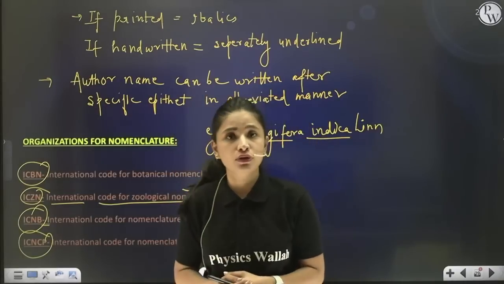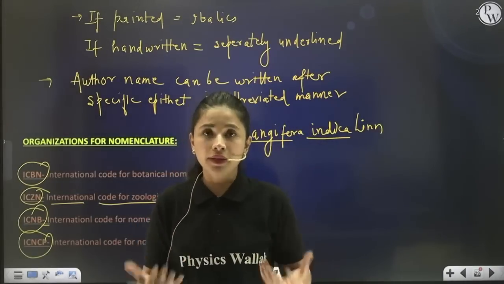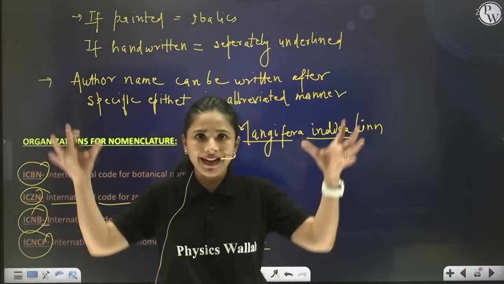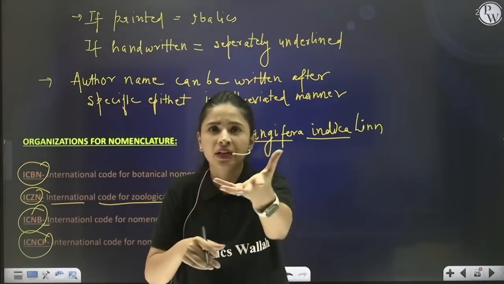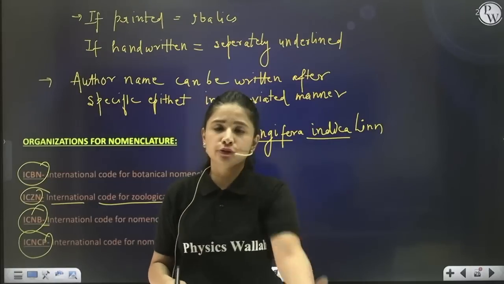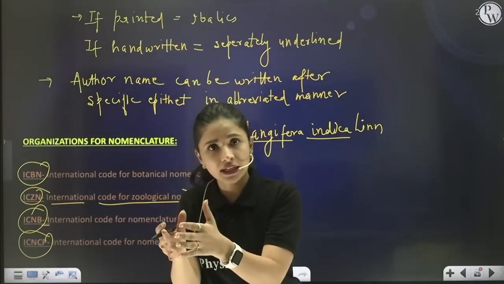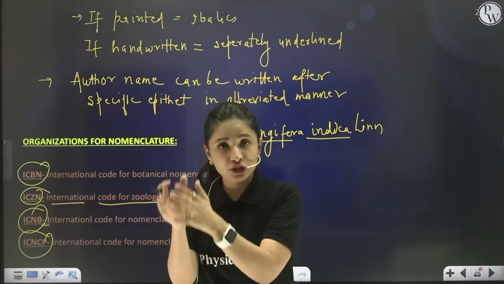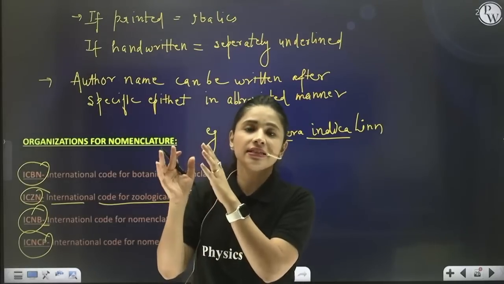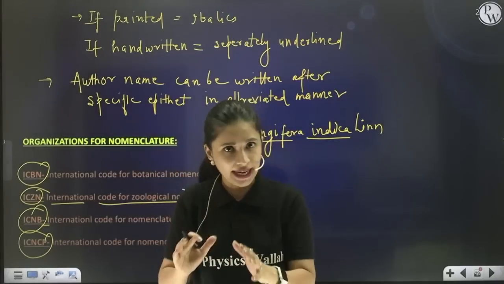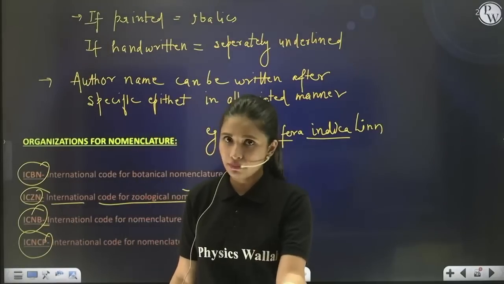Cultivated plants are those which are not naturally present, rather they are created by man. Like for example, there are two natural varieties, they are mixed in order to create a new hybrid variety, so that is going to become a cultivated plant, right? So the naming of those cultivated plants, just to ensure that it is done correctly, is the duty of ICNCP.